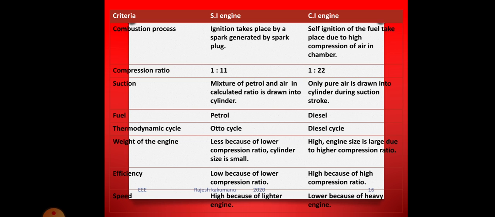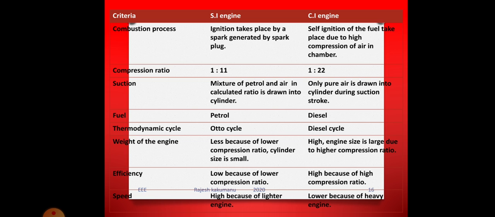In suction, what happens in SI engines? The mixture of petrol and air in a calculated ratio is drawn into the cylinder. The mixture of air plus fuel enters during the suction stroke, drawn into the cylinder with the pressure difference. Whereas in case of CI engines, what happens in the suction stroke?